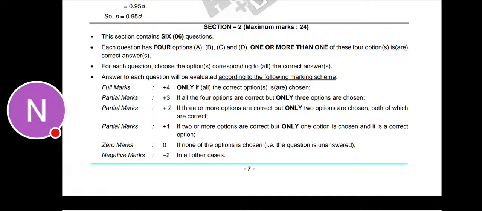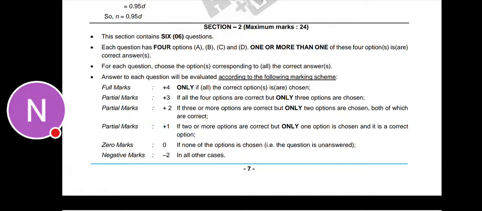And partial marks: 3 marks if all 4 options are correct but only 3 options are chosen. If you choose only 3 options but all 4 options are correct, then you will get only 3 marks. Here 2 marks is partial marks if 3 or more than 3 options are correct but only 1 or 2 options are chosen, then you will get 2 marks. If you choose one option, you will get 1 mark.